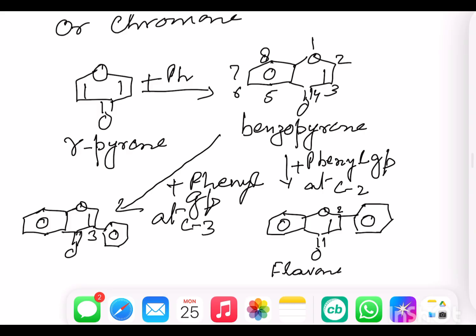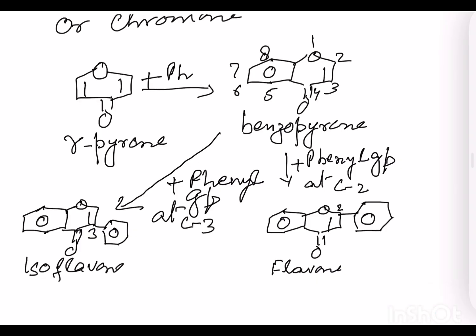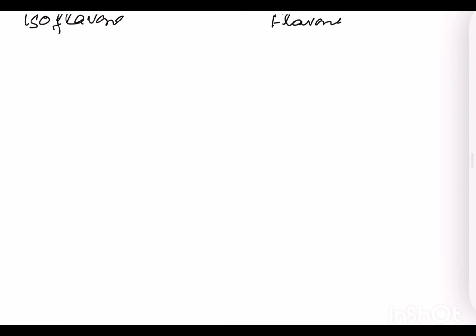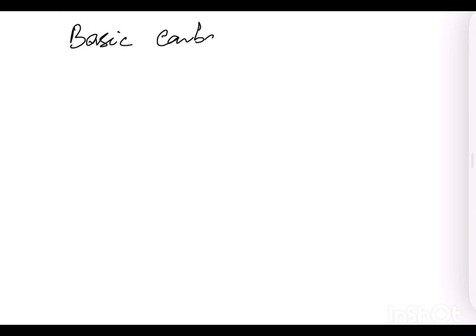Therefore, you can say that the basic carbon skeleton constitutes C6, C3, C6.